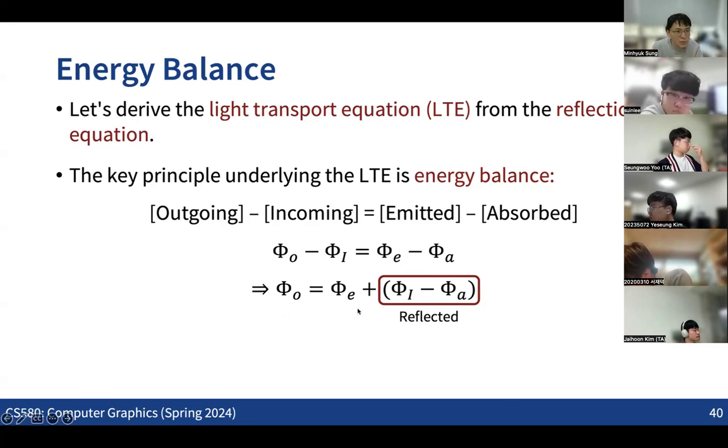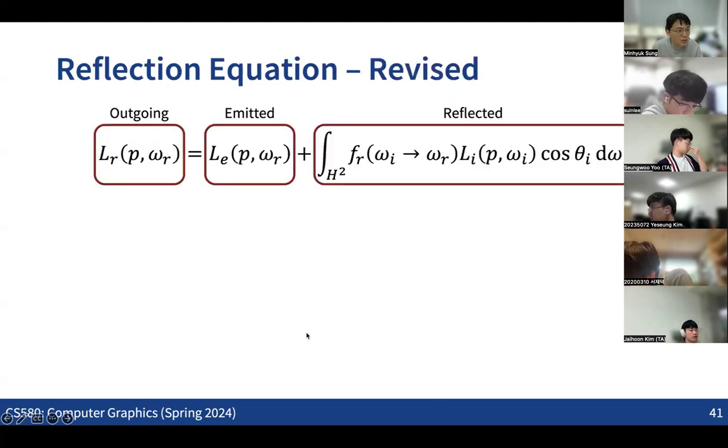When you see this equation, it is exactly the same as the rendering equation that we have seen. The rendering equation in the previous slide had these three terms. What we want to do is compute the outgoing radiance as the sum of the emitted light and the reflected light, right? So those are basically three terms.